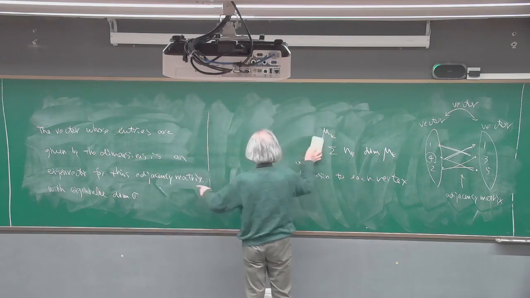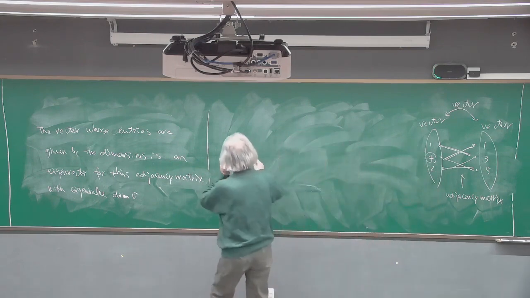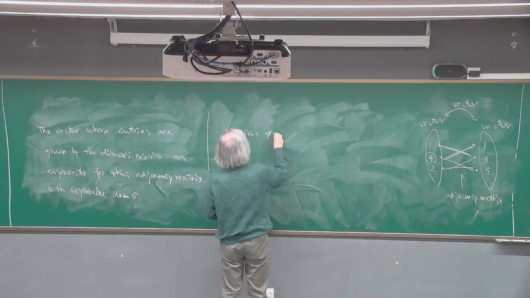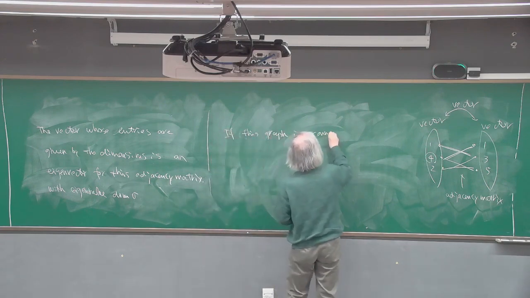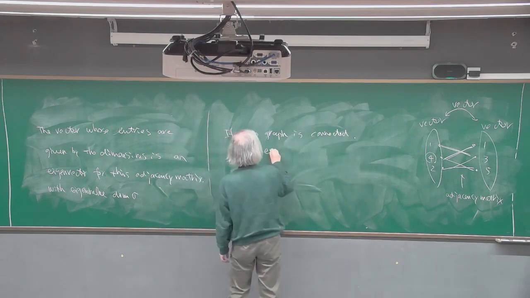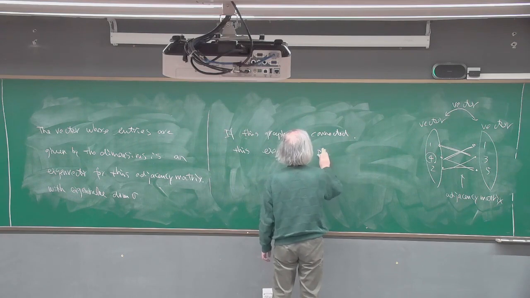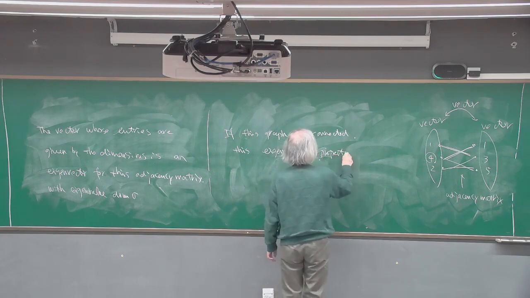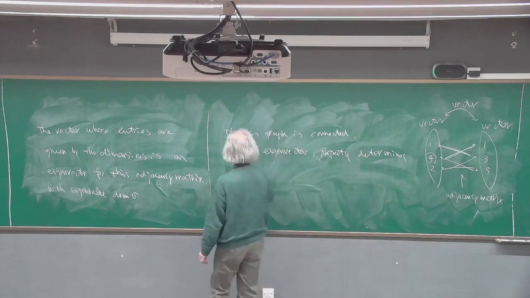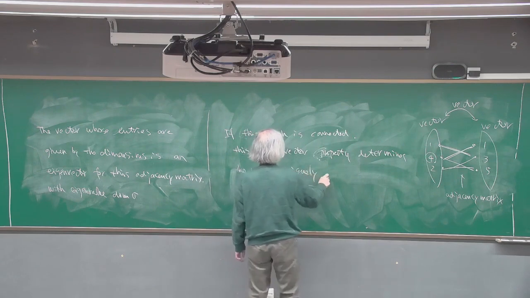So actually, this condition almost determines these numbers. If this graph is connected, this identity, this eigenvector equation, determines the vector uniquely up to a positive constant.